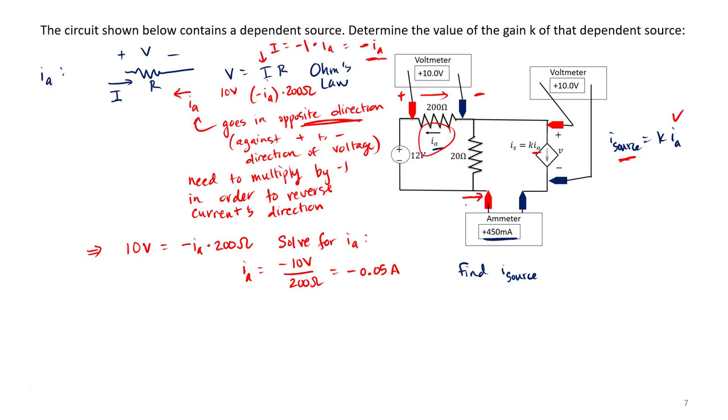And remember, positive current enters the ammeter's red probe. So the ammeter is telling us that we have 450 milliamps. Notice the direction. We have 450 milliamps entering our dependent source.